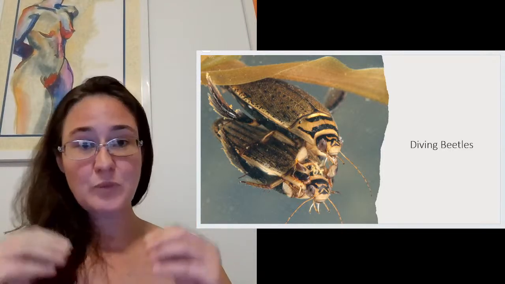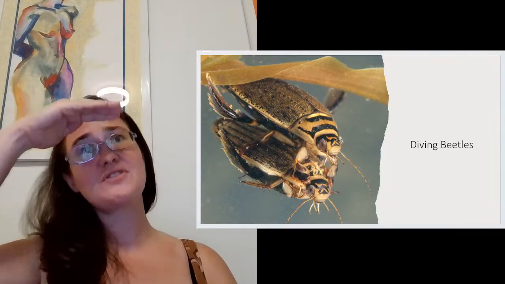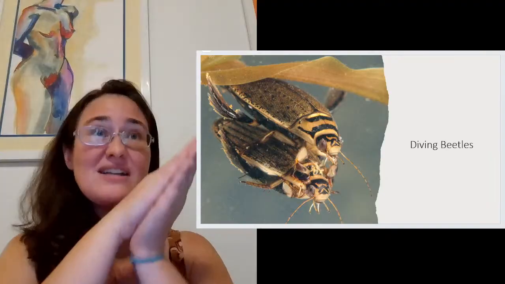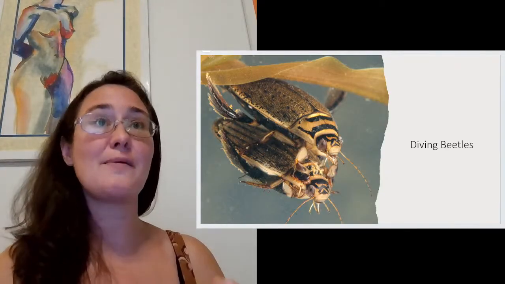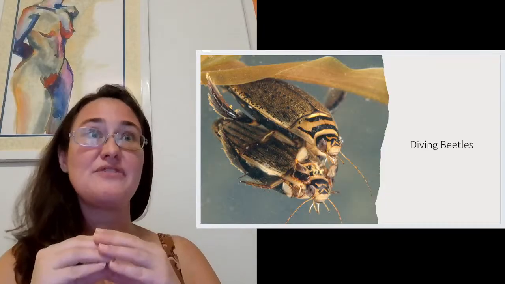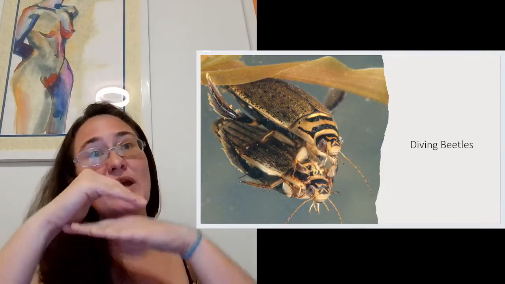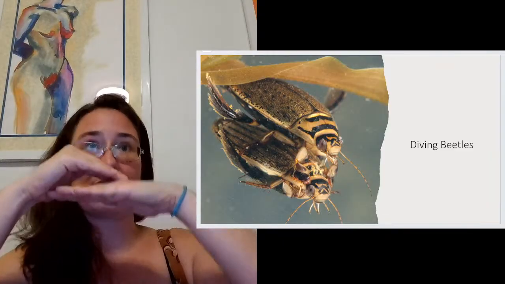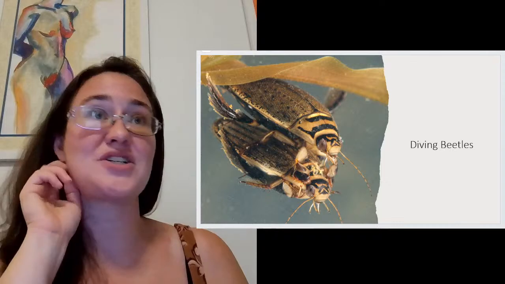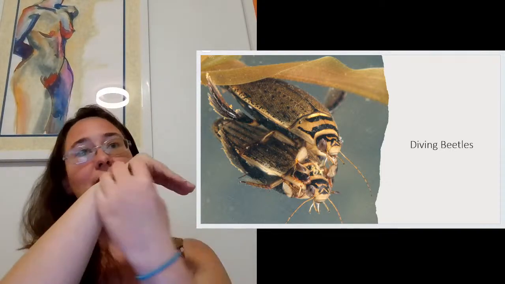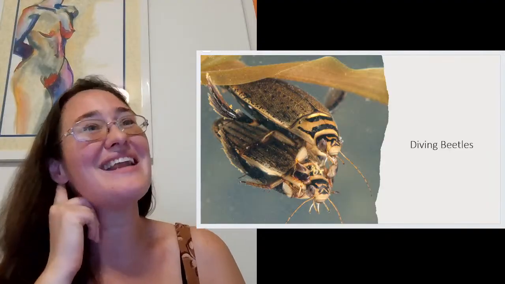What a diving beetle does is it'll come up to the surface of the water, separate its abdomen from its elytra just a little bit, and pull a bubble of air, holding it in between the elytra and the abdomen. There's a little space in there. Sometimes when you're watching a diving beetle, that air bubble will pop out the back of the elytra so you can actually see it a little bit, which is kind of fun.